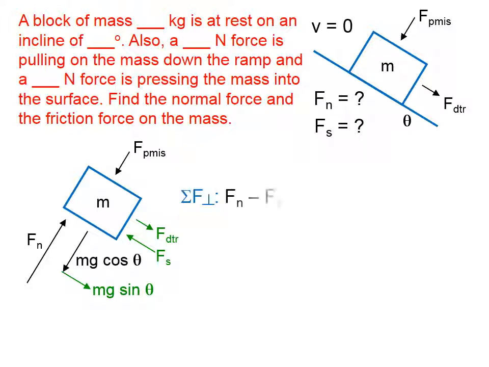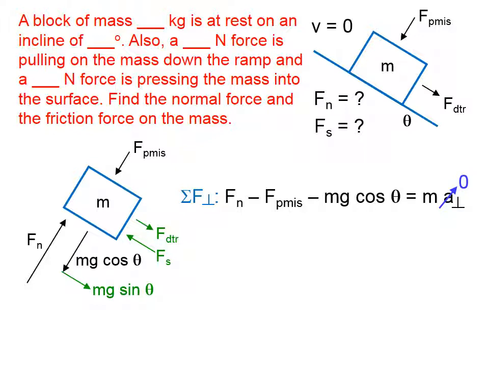So let's write a Newton's second law equation for the forces in the perpendicular direction. That would be the normal force, the force that's pressing the mass into the surface, and mg cosine theta. If I choose the normal force direction as being positive, then the force pressing the mass into the surface is negative, and you can see from the diagram that mg cosine theta is also negative, and that should equal the mass times the acceleration perpendicular to the surface.